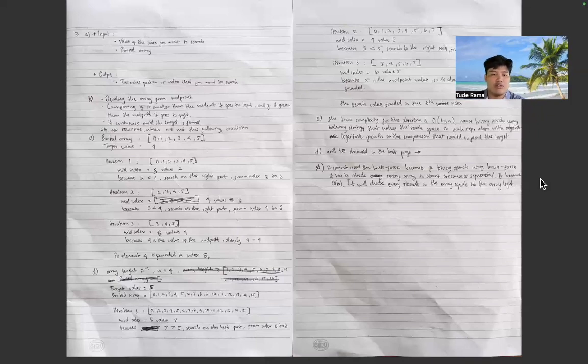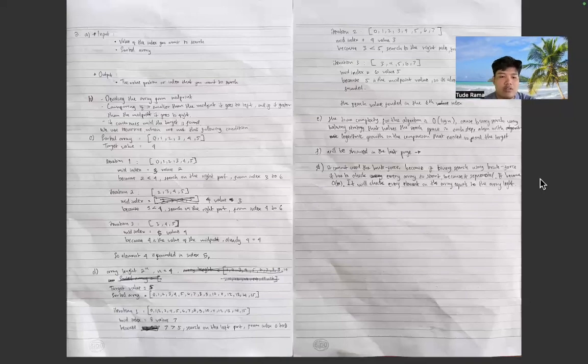Index 3 to 6. In iteration 2, we check 2, 3, 4, 5 and determine the midpoint again. The midpoint is 4, index 4 with value 3. Because the value is smaller than the value we want, we search again in the right part of the midpoint from index 4 to 6.